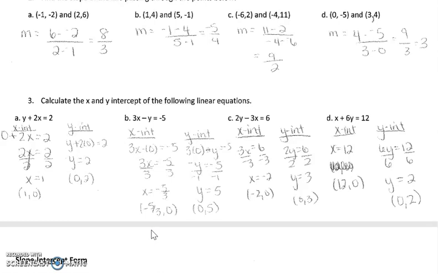Y-intercept, this is an interesting one that often causes problems. Here we're going to plug in a 0 for x. So it's 3 times 0 minus y equals -5. Notice that although 3 times 0 is 0, that negative y, that negative is still there. So notice it's -y equals -5.